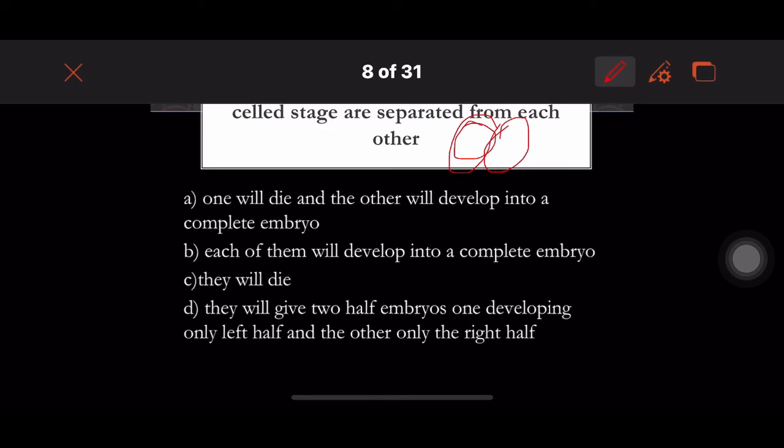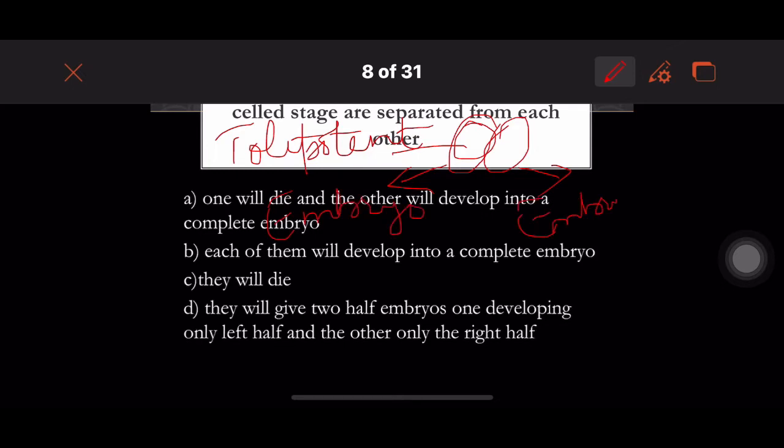The blastomeres which are formed are totipotent. Totipotent means they have the potential to develop into a complete embryo. So if you separate these two blastomeres at this 2-cell stage, then this will develop into an embryo and this will also develop into a complete embryo. So each of them will develop into a complete embryo. So the right answer is option number 2, B.